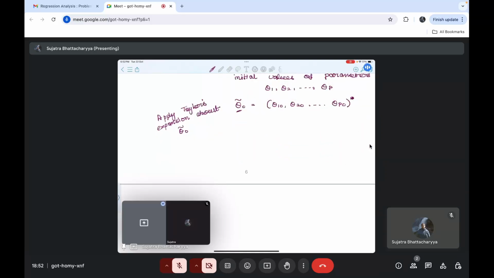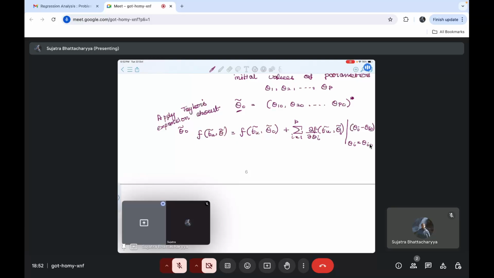Let me again write. f of t_u, θ about θ_0: f of t_u remains the same, but this will be f(t_u, θ_0) plus the summation, for all the parameters, of ∂f/∂θ_i at θ_i equal to θ_i^0, times (θ_i minus θ_i^0).